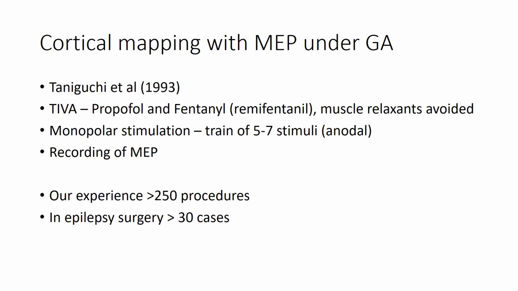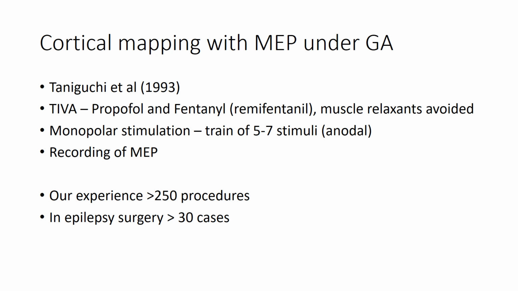This is a technique described by Taniguchi and others in the year 1993. It's performed under total intravenous anesthesia, usually with continuous infusion of propofol and fentanyl. Muscle relaxants should be avoided.